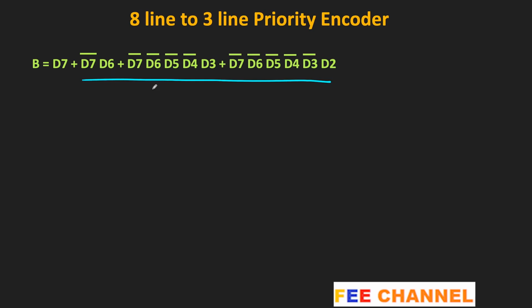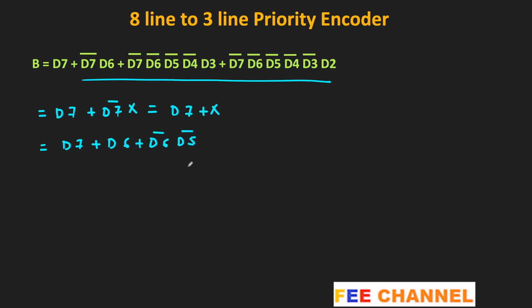Once again, this D6 invert is common in the last two terms. So let us take it outside, and let's say the remaining term is equal to y. That means we can write it as D7, or D6, or D6 invert, dot y. And that is equal to D7, or D6, or y, where y is the remaining terms after taking D6 invert outside.